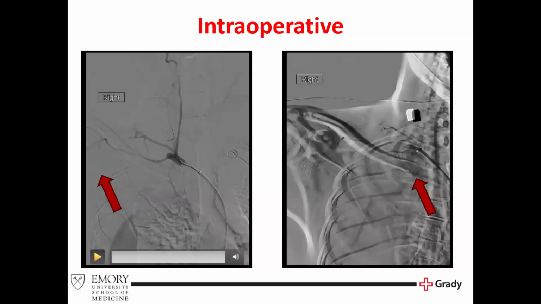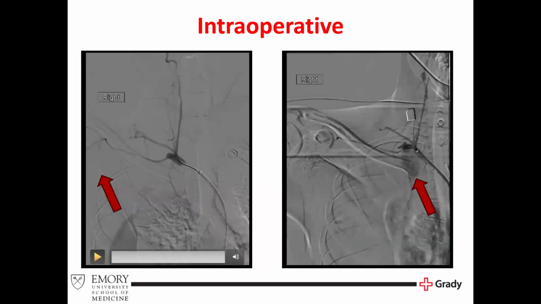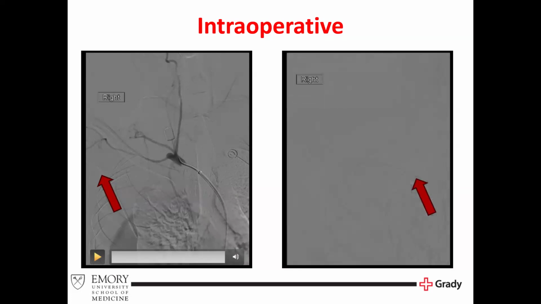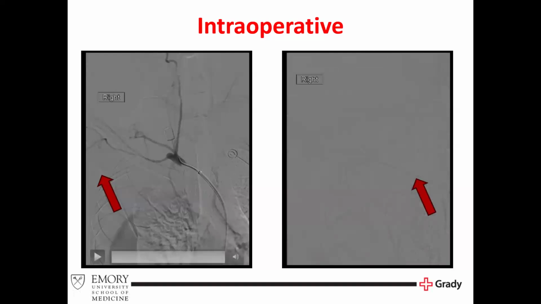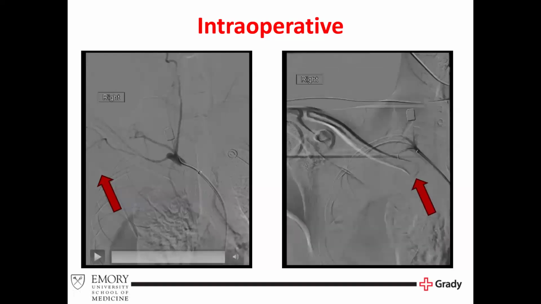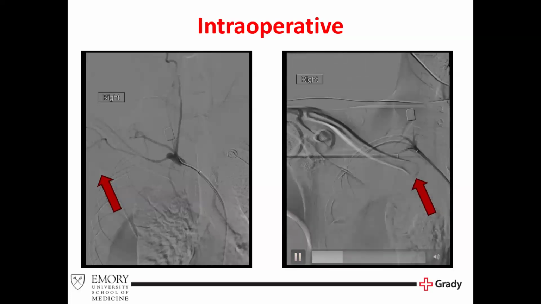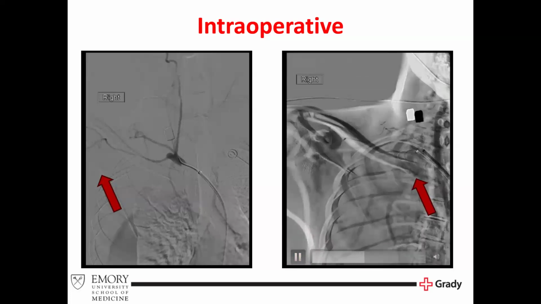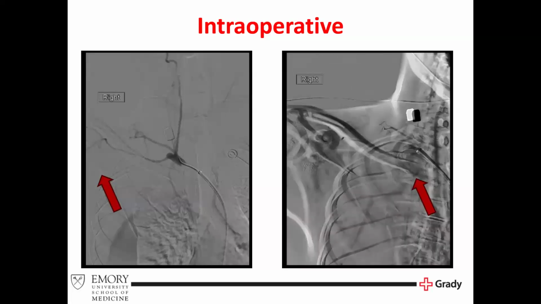There is very delayed filling of the distal subclavian and then the proximal axillary artery on this initial scan. And on this film, you can see we do have a blush from this proximal portion of the second portion of the subclavian on our initial angio runs.